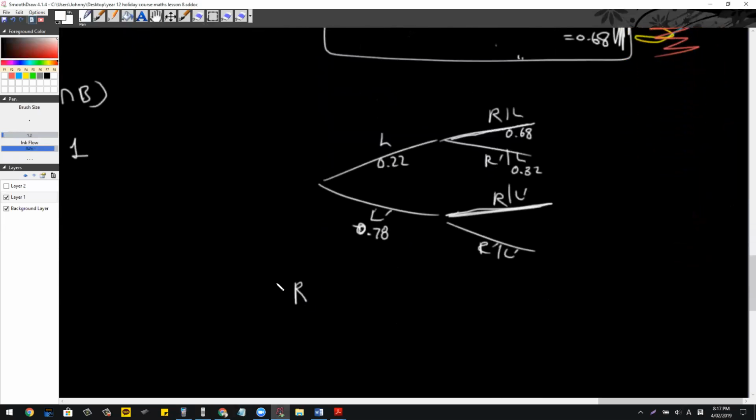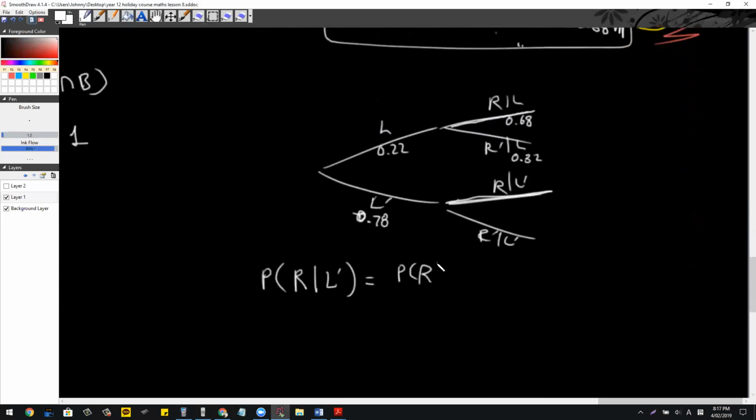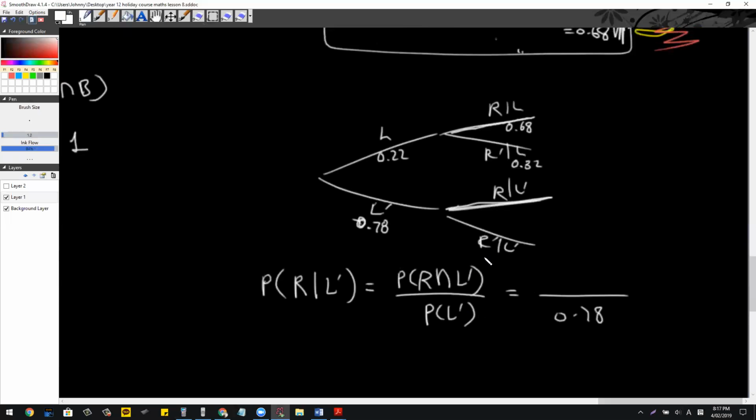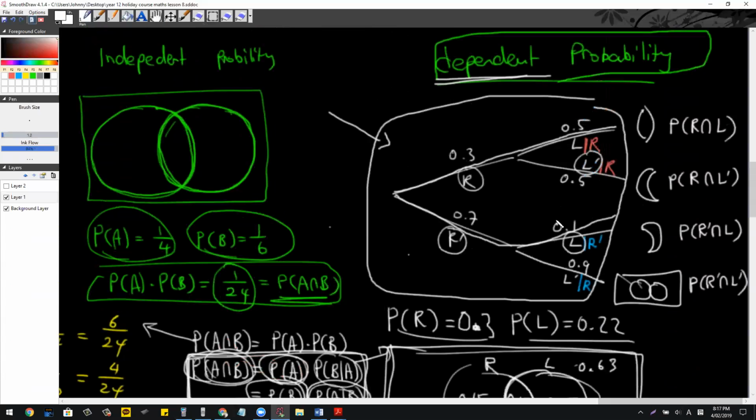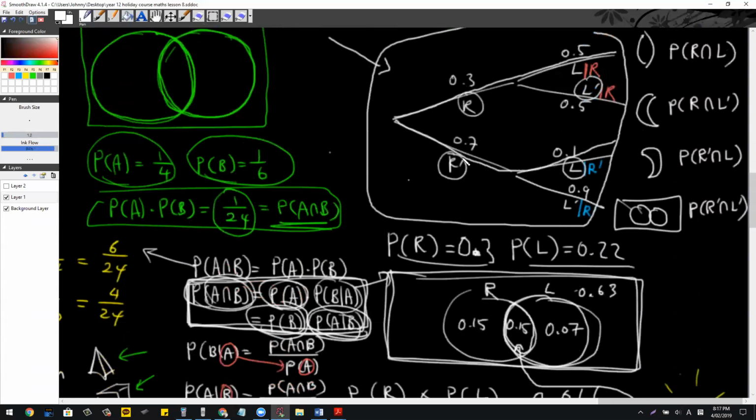And we can figure this one out as well. The probability of rain given not late is obviously the probability of rain and not late over the probability of not late. So that's equal to 0.78 from here. And R and not late, we can figure that out from the original table. That's equal to this one here, 0.15 as well.